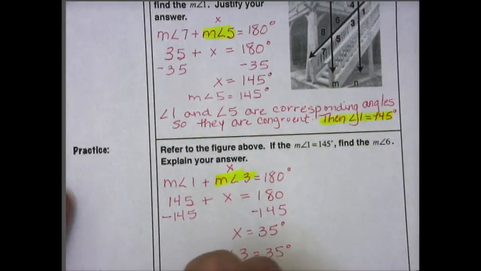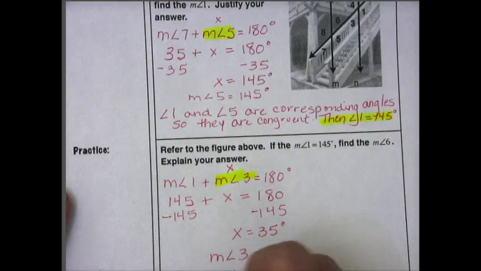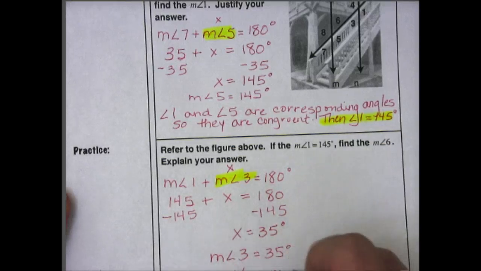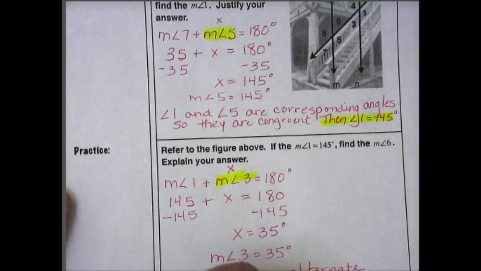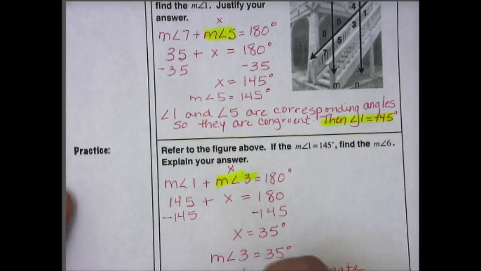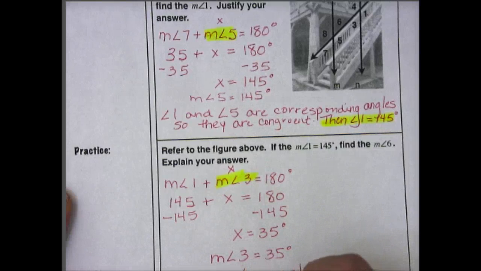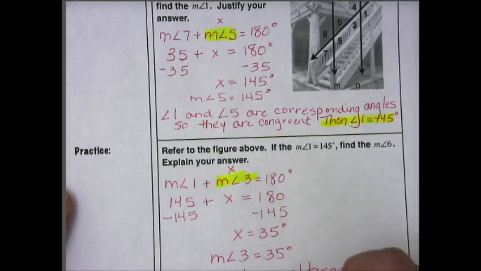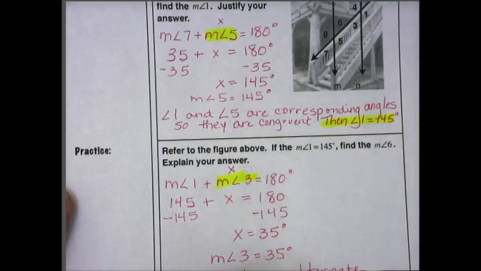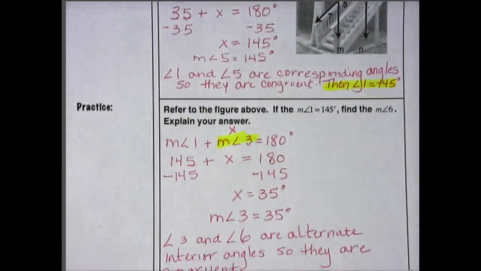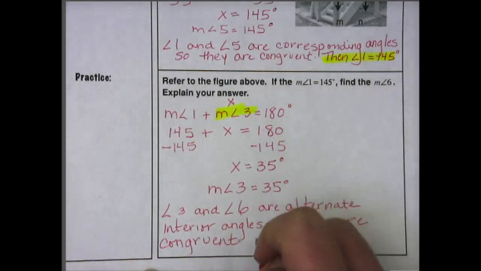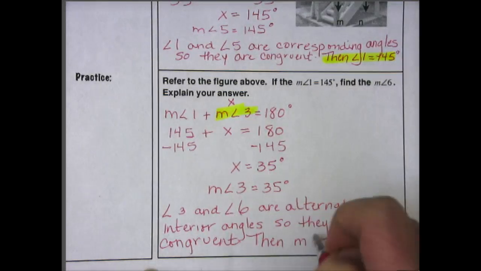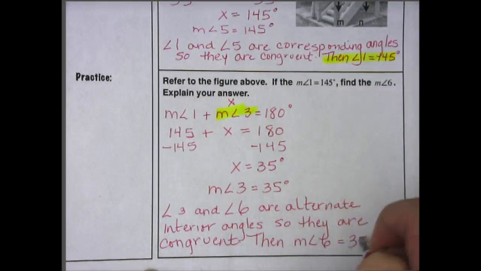So let's write angle 3 and angle 6 are alternate interior angles. We know from our notes that they are congruent, and we know that congruent means equal. If we know that angle 3 and angle 6 are equal, then we know that the measure of angle 6 is also 35 degrees.